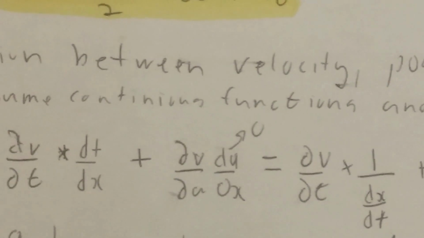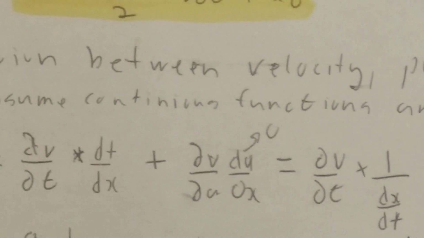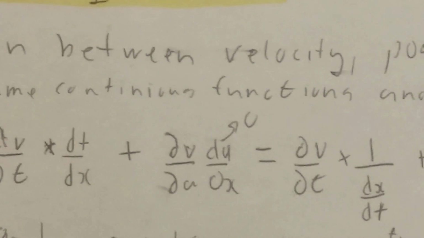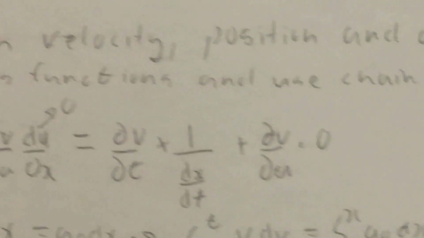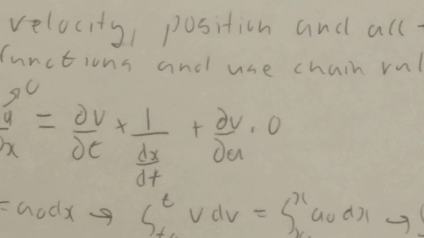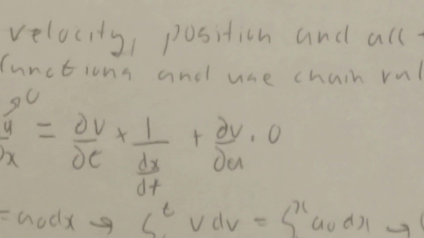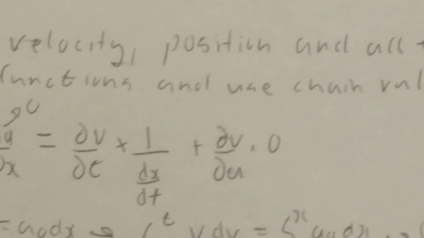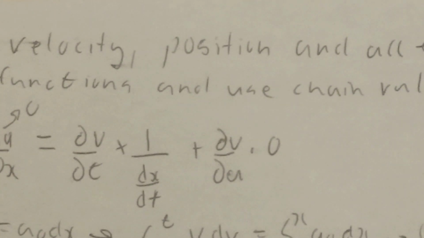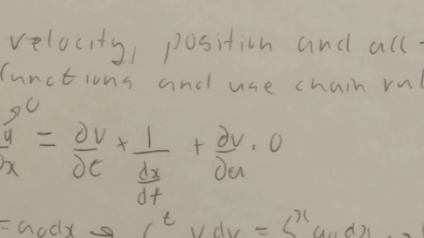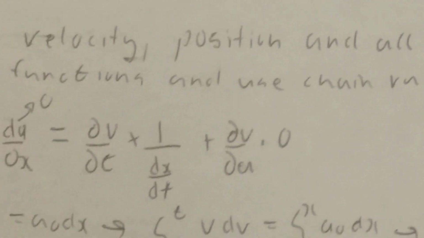That last term goes to 0 because da/dt equals 0 since acceleration is constant. This can be rearranged: the partial derivative of velocity with respect to position times dx/dt plus the partial derivative of velocity with respect to acceleration times 0.